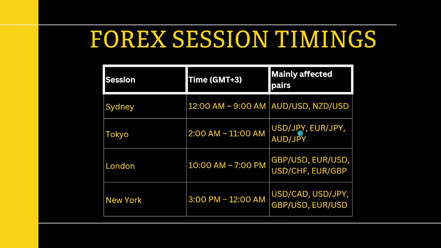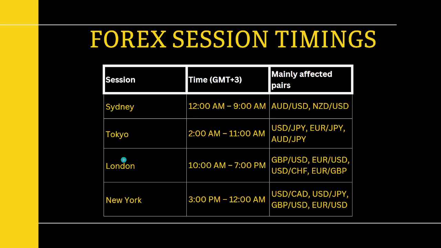So for example, USD against the JPY, Euro against the JPY, and AUD against the JPY. Anything that's related to the JPY, the best time to trade it is during these times, because the Tokyo session is open and Tokyo is in Japan. That's why it is the best time to trade the JPY pairs.